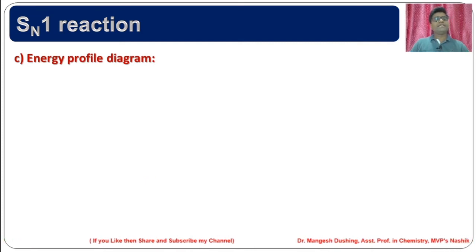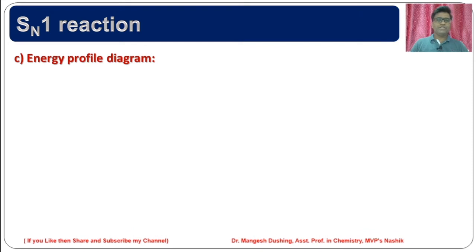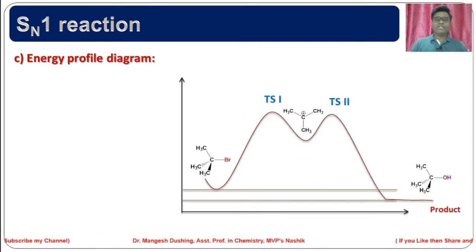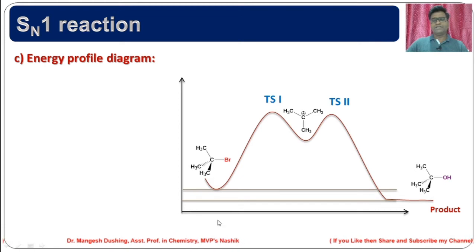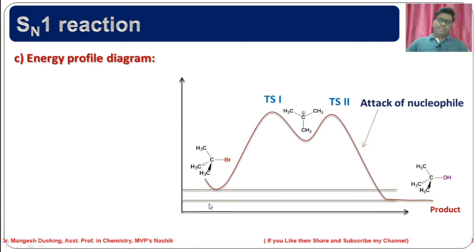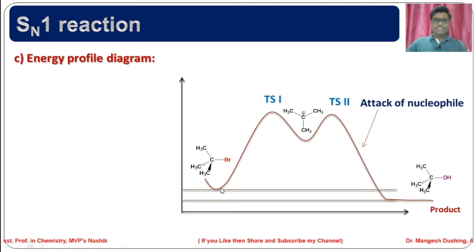Friends, now we will see the energy profile diagram, that is the change in potential energy of the molecule versus reaction coordinate, that is reaction progress. In this case, this is the change in energy while this is the reaction progress. Friends, at the start, this is the tertiary butyl bromide, energy is very less.